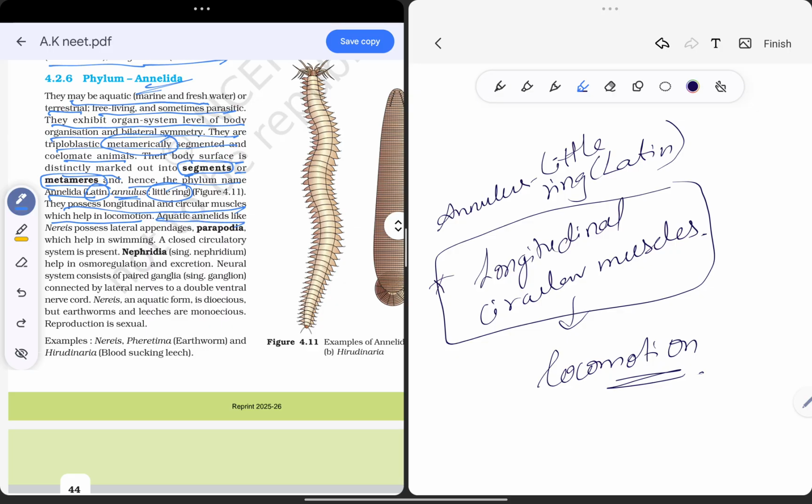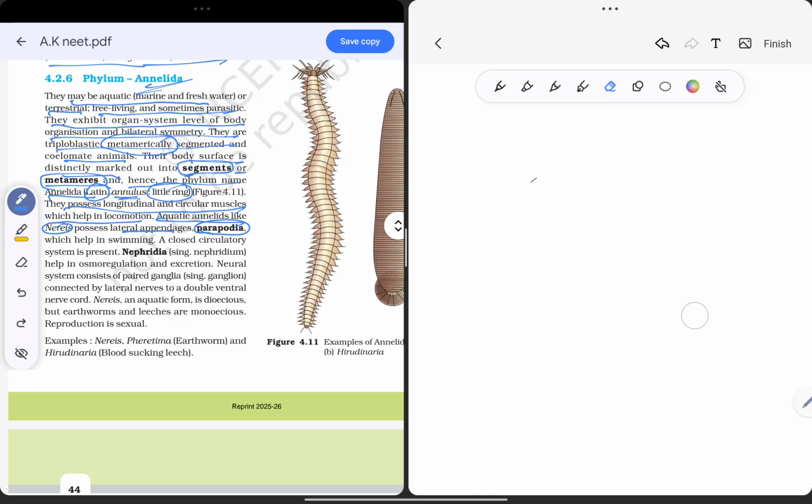Aquatic annelids like Nereis possess lateral appendages. The lateral appendage is called parapodium. The other important point you should remember is that there is a species in the phylum Annelida, which is Nereis.